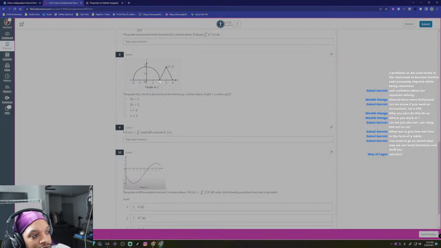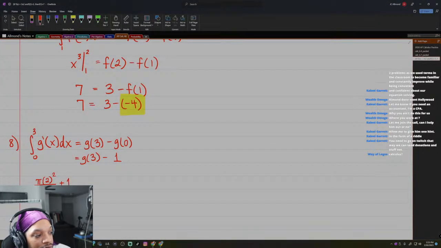So half of the base times the height, and that base would only be from 2 to 3, and then times 2. So 1/2 of 1 times 2, so 1. And then that again is what equaled g of 3 minus 1.